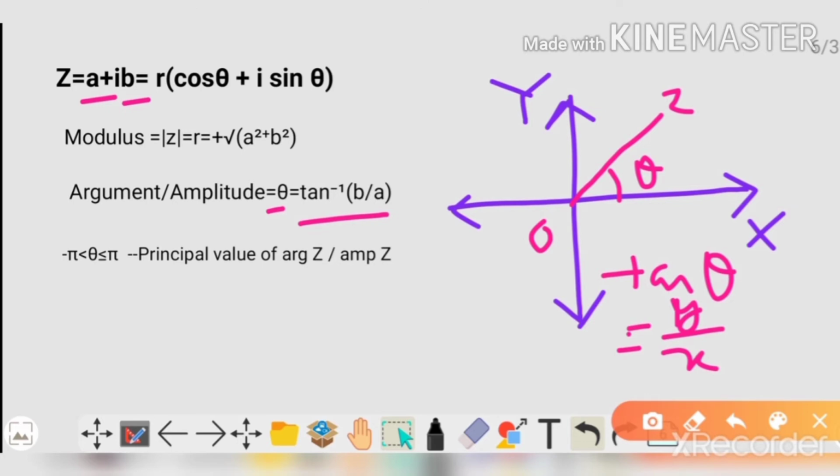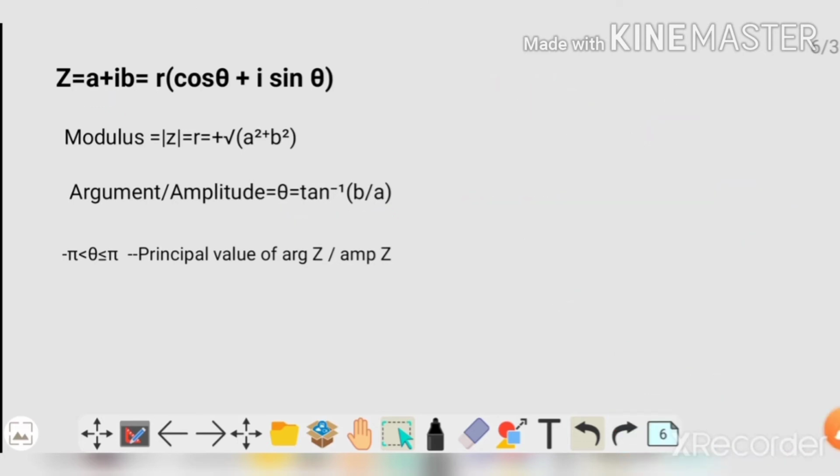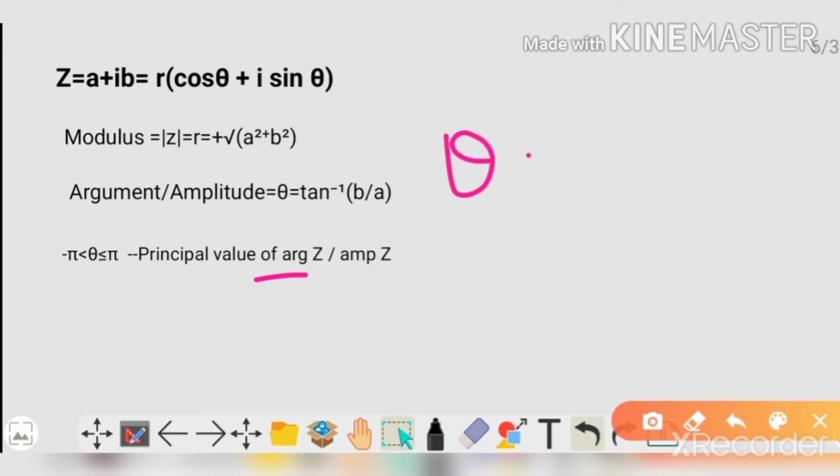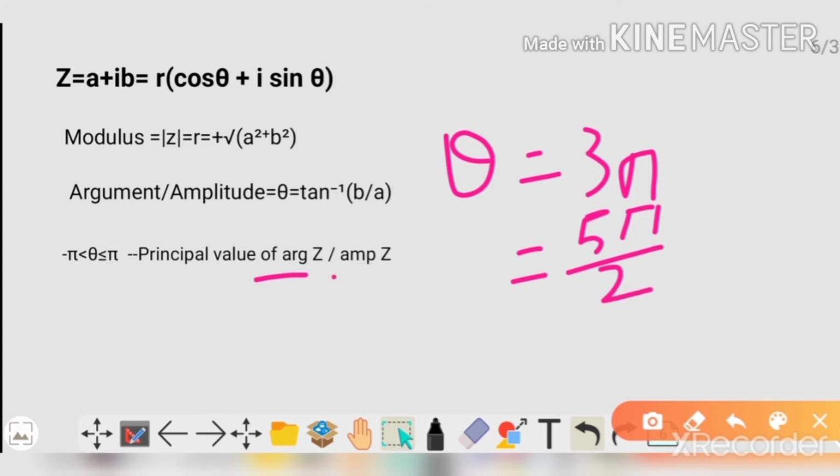Now what is the difference between the amplitude of Z and the argument of Z? So the argument of Z can be any value of theta. It can be 3 pi, it can be 5 pi by 2. But the amplitude of Z must be the principal value of the argument of Z. That means the amplitude of Z can't be 3 pi or 5 pi by 2.